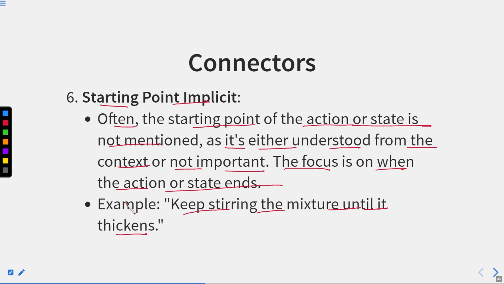That is a limit which has been set. Suppose there is a dish and one is supposed to stir it, to ladle it in this vessel till the time it thickens. It means until it starts to get thick.